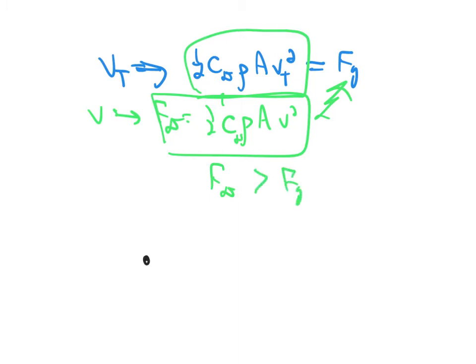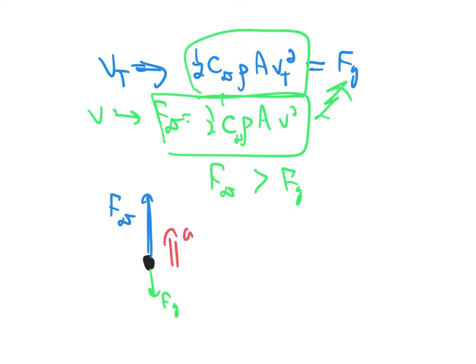That gave us, as we had before, just to show it quickly again, some weight pulling downward and some drag force pulling upward. But wait, if the drag force exceeds the gravitational force, then the acceleration would actually be this way.